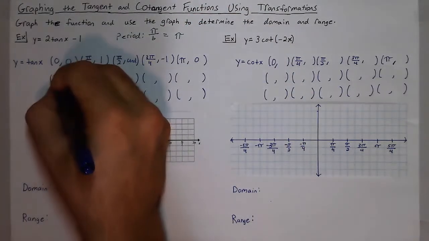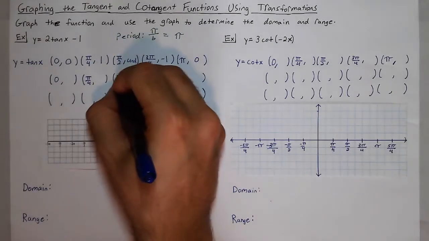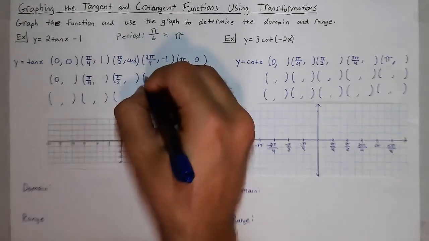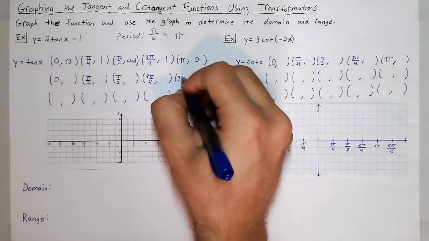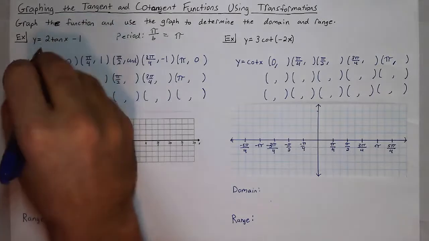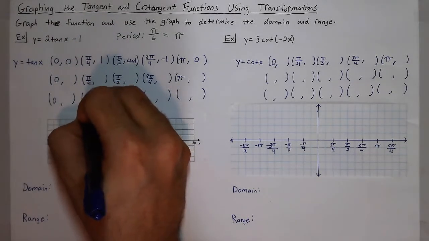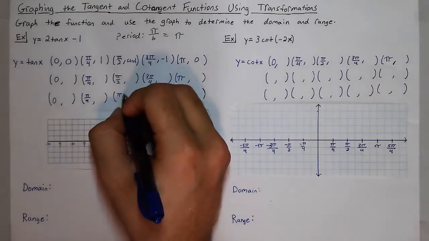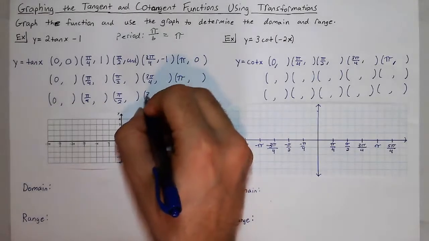So for the rest of these points, I'm not going to alter the x value of my key points. What's going to instead happen is that I'm going to alter my y value with that 2 and that minus 1. And we'll start with multiplying by 2 first, just to do our order of operations. I mean, don't go out of sequence.